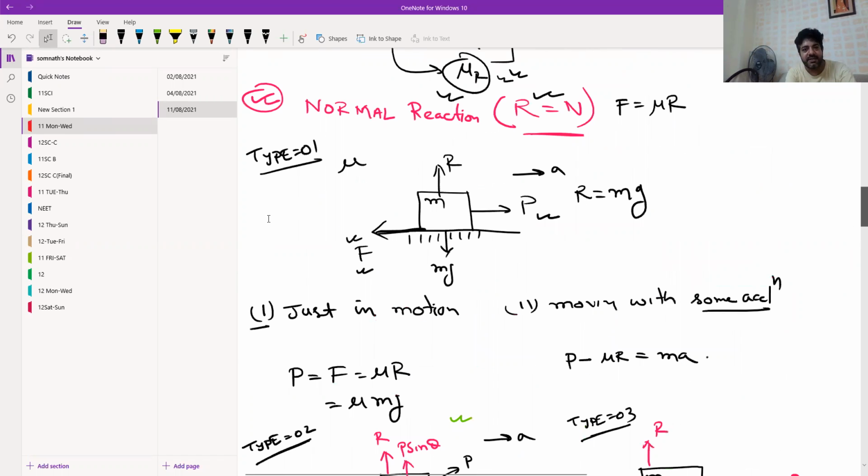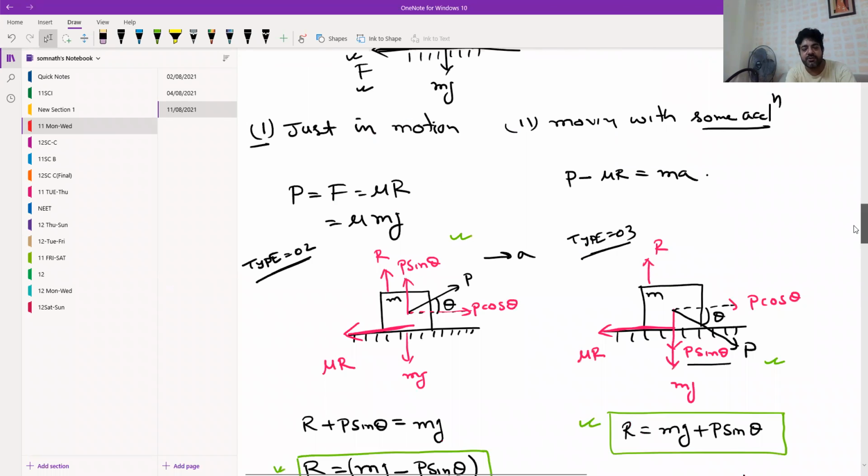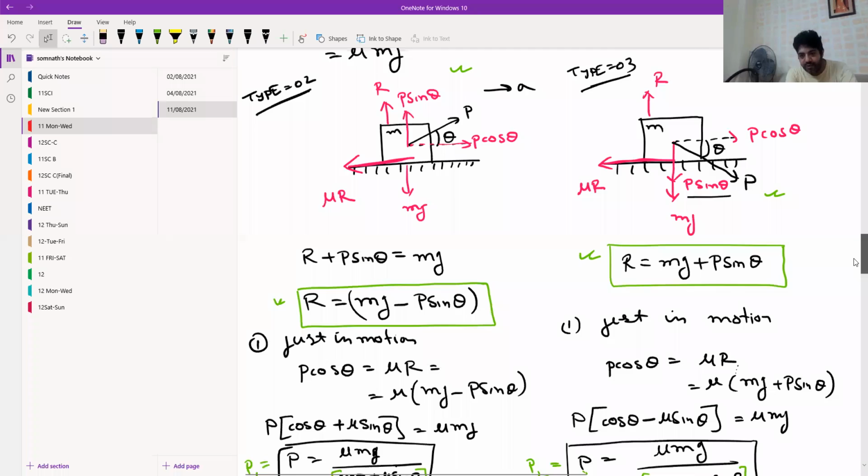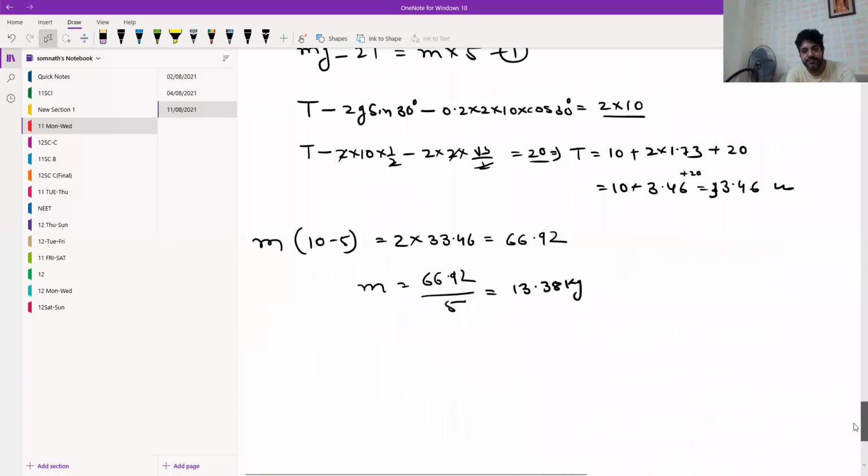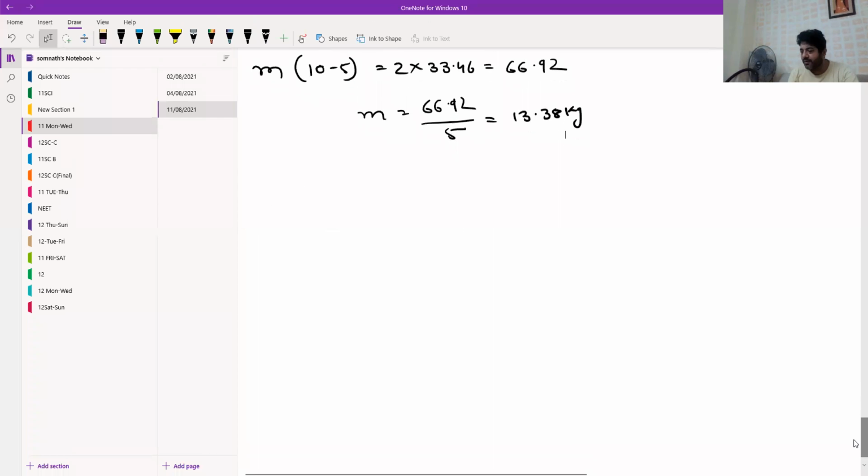I think you remember this is type 1, then type 2, type 3. Today I will show you more types, how the normal reaction depends on the situation. So let's take type 4 normal reaction. Although this one you already solved.